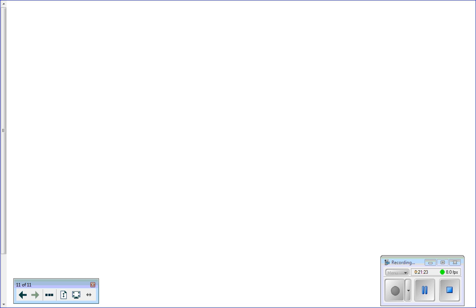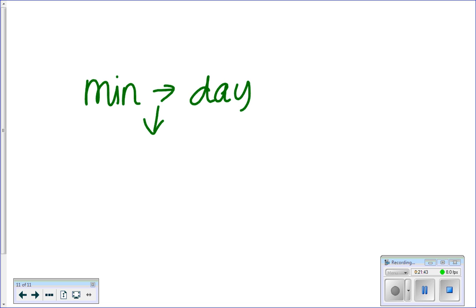In Brazil, about 20 acres of rainforest are destroyed each minute. At this rate, how much rainforest is destroyed per day? Okay, so first we're going to go from minutes to days. And what is something we are probably missing in between there?